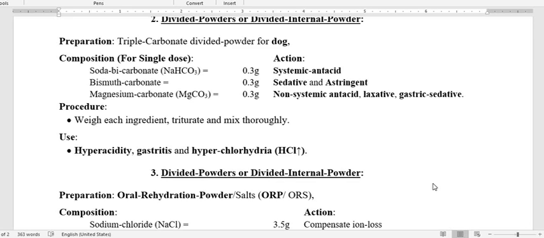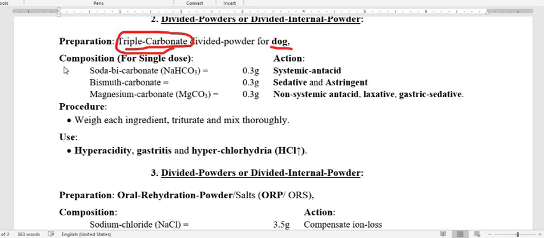Now we have to go through the divided powder. First we go through the antacid divided powder, which we call triple carbonate divided powder. Triple carbonate divided powder is an antacid.